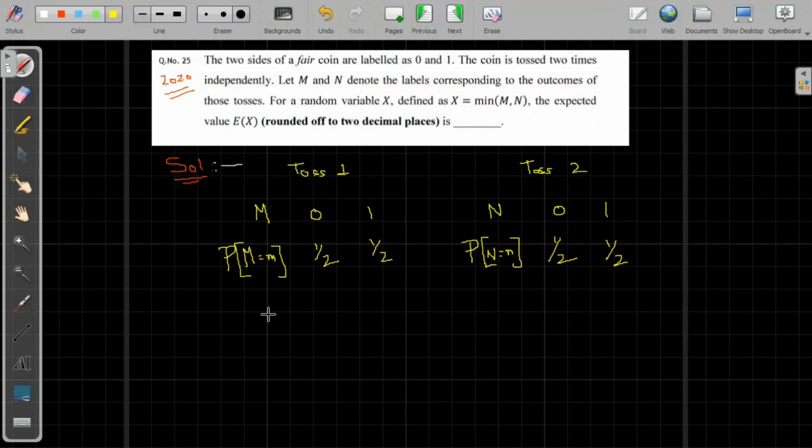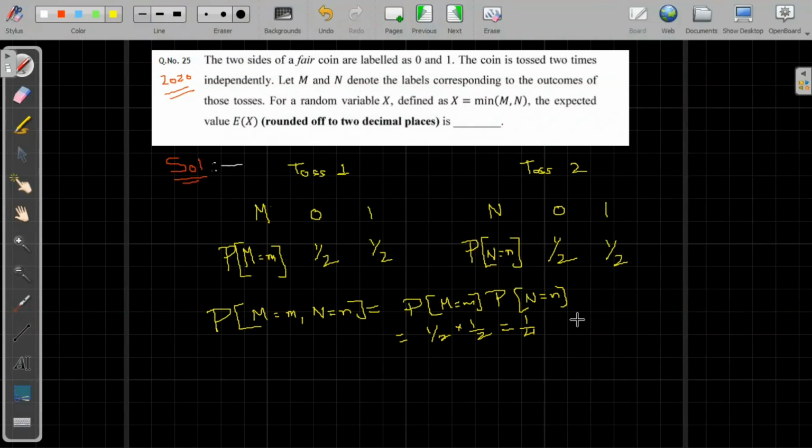So jointly m and n will have the joint PMF, which will be equal to the product of marginal PMFs. So it will be 1 by 2 into 1 by 2, which is 1 by 4 for the ordered pair m and n, where the ordered pair m and n is the Cartesian product of these two sets.